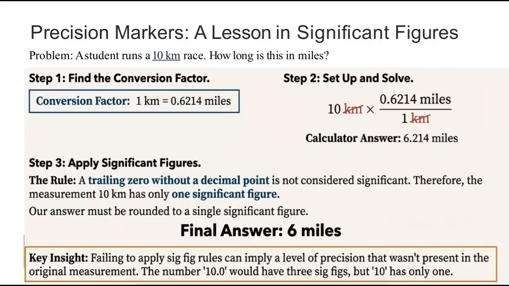So that gives you an answer that's not 6 miles. It gives you more than 6, I believe. So 10 times 0.6214 gives you 6.214. But because 10 only has 1 sig fig, my answer should only have 1, so it should be 6 miles.